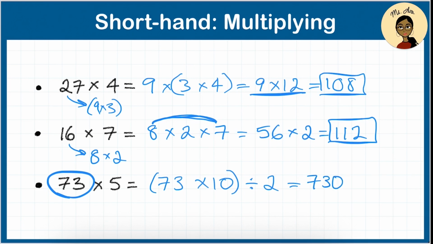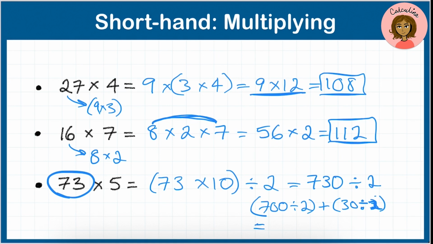And then if we divide that by 2, then basically we can do 700 divided by 2, and then we can add that to 30 divided by 2 in our heads. You don't have to actually write all of this out, but we're just writing out what you would do in your head that would lead you to the answer. So we know what's 700 divided by 2, Calculina? That's 350.